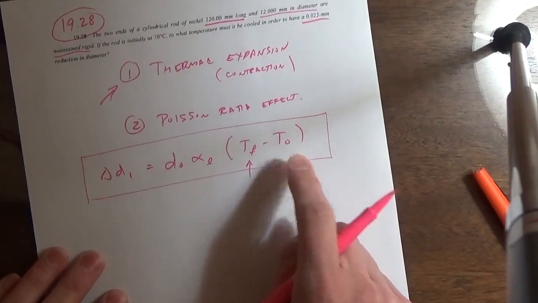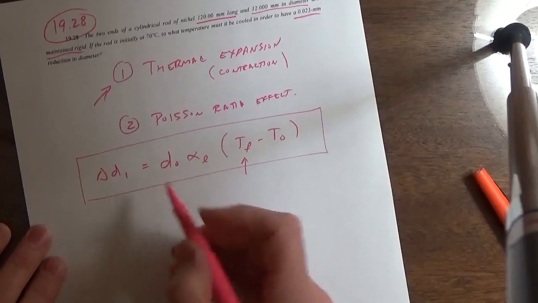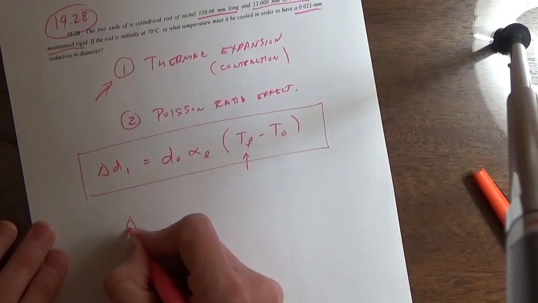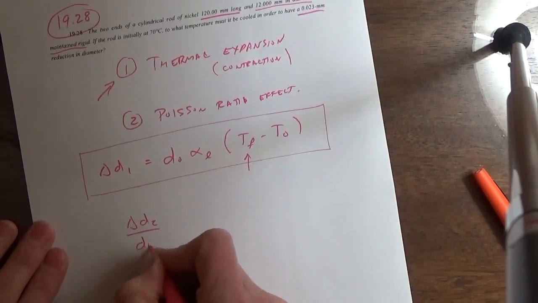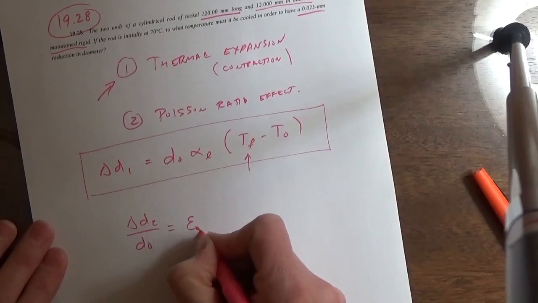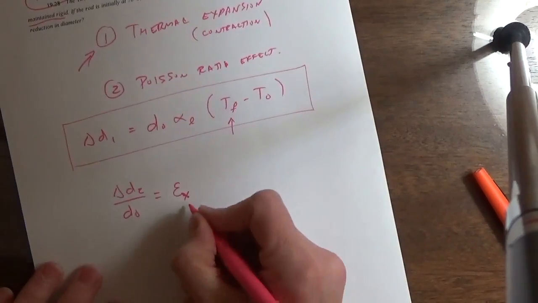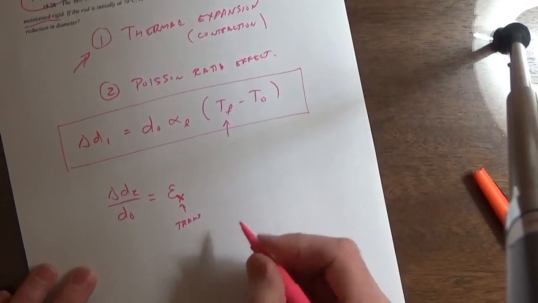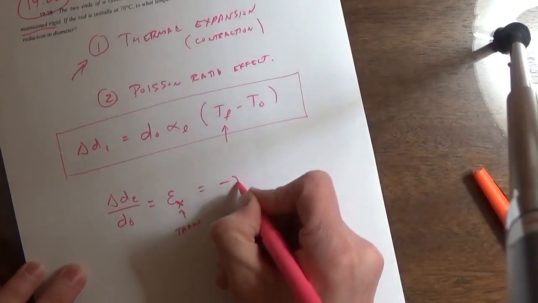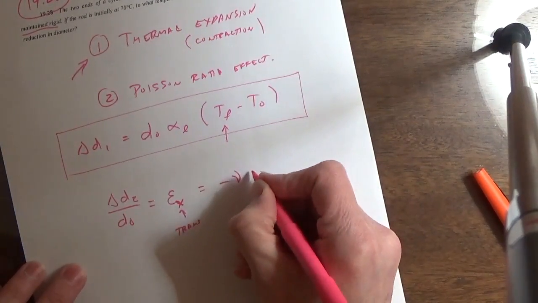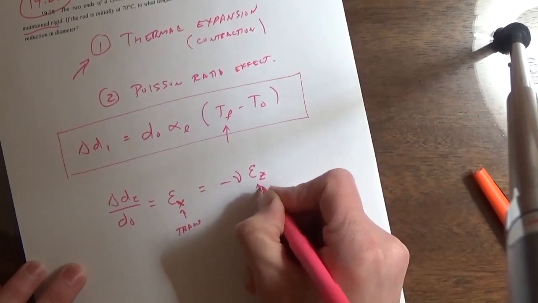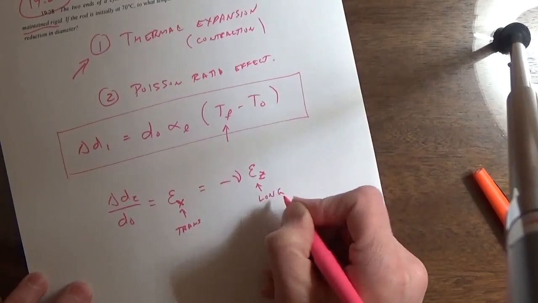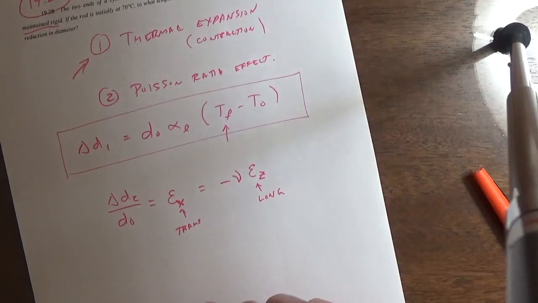The next is this Poisson ratio effect, which is going to be d2 over d0 is equal to the transverse strain, but that transverse strain is equal to negative Poisson ratio times the longitudinal strain, epsilon z. And you say, well, it's not being strained, it's not moving.